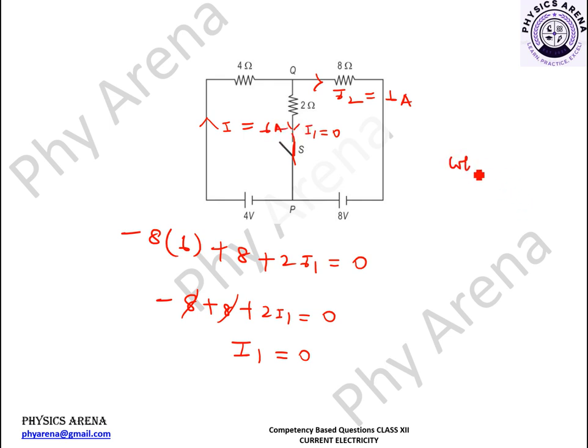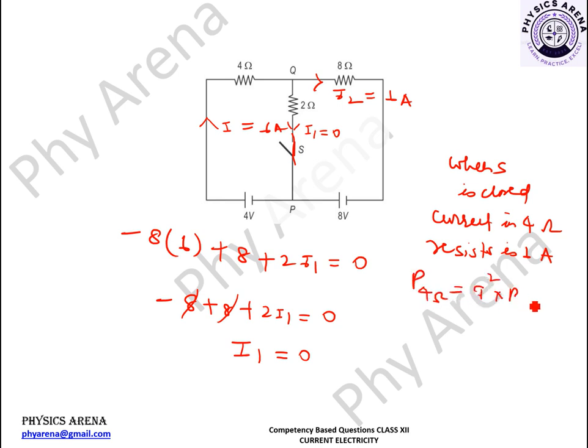So even when S is closed, the current in the 4 ohm resistor is 1 ampere. So again, power dissipated will be I square into R, that is equal to 1 square multiplied by 4. It will be 4 watt. So in both cases, the power dissipated in the 4 ohm resistor is 4 watt.